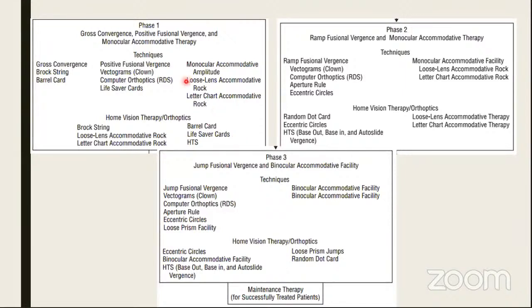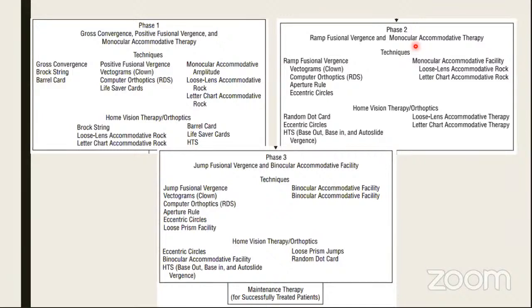The first phase was the development of gross convergence, the development of positive fusional convergence, and also accommodative therapy. In the second phase, the ramp means increasing the range, and then again accommodative therapy. So it's not that vergences should be first and accommodation second. We have to take both aspects at the same time.